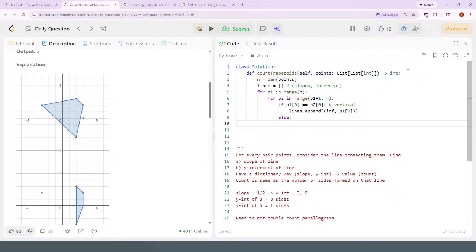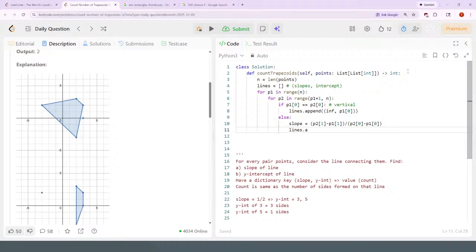The slope is calculated as the difference in the y-coordinates divided by the difference in the x-coordinates. So p2[1] minus p1[1], change in y, divided by change in x, p2[0] minus p1[0].